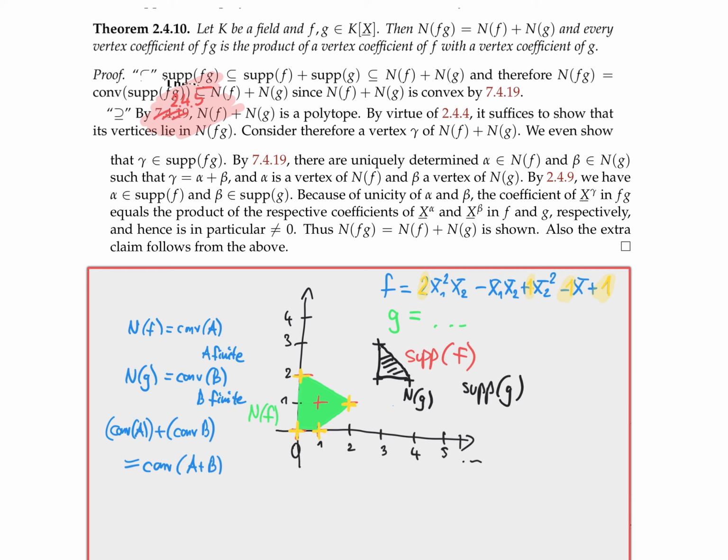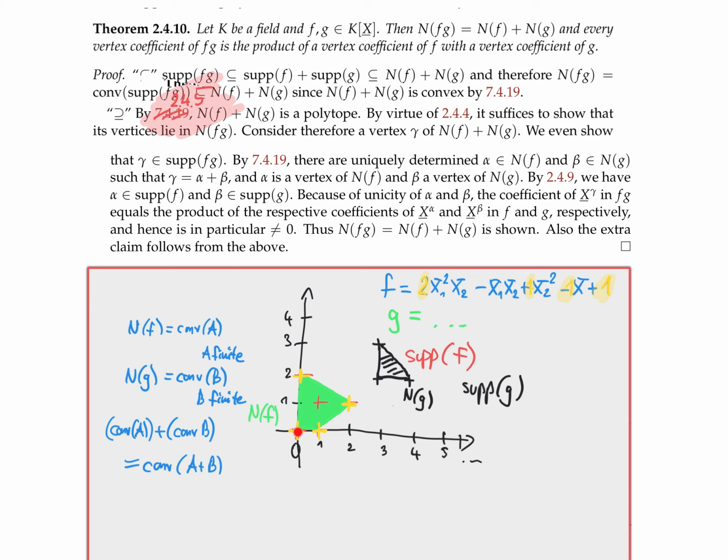Now, how do you multiply f and g actually? You have to take each monomial from f, which is symbolized by these points here.